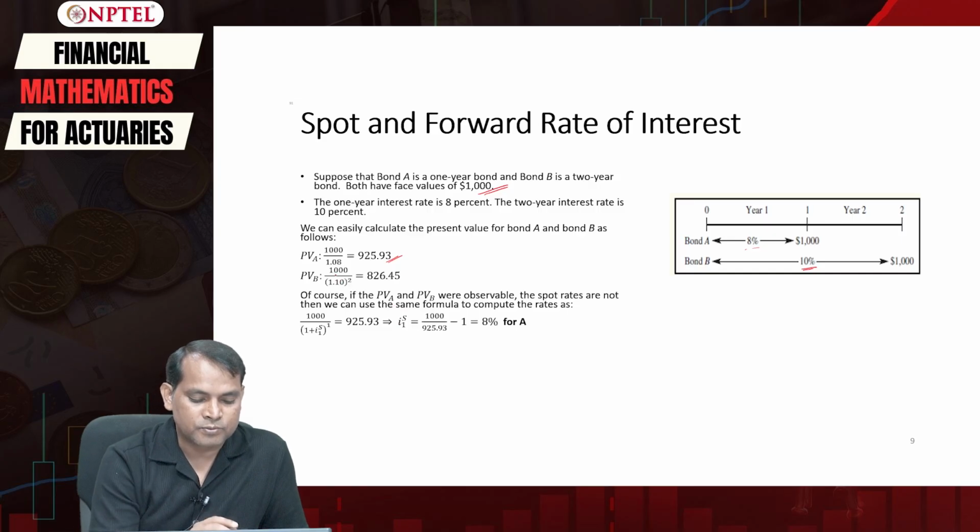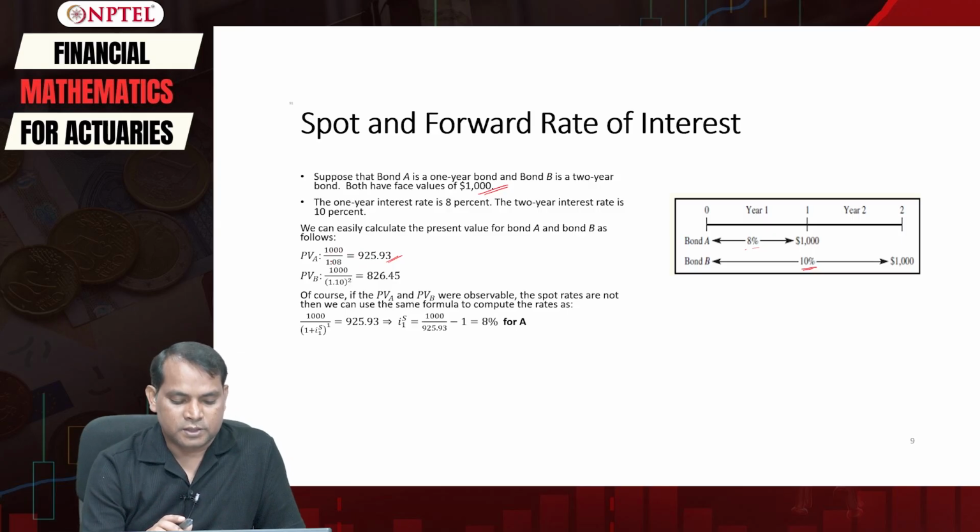Now you can even compute the rate if the present value is given. If this value and this value are given, then we can still compute the rate using the formula.